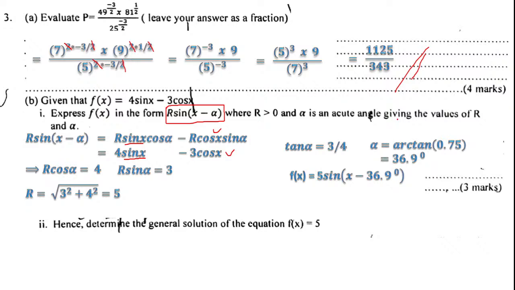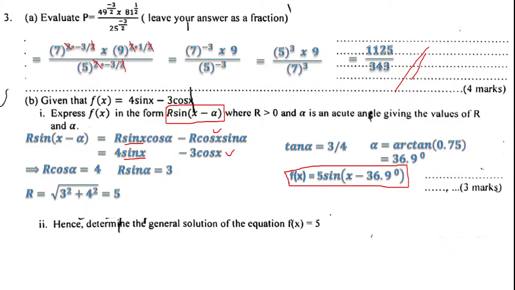Now, hence, determine the general solution of the equation f of x equals 5. Because they say hence, whenever they say hence, it means you must continue with the last solution that you had. From our last solution, f of x is equal to 5 sine x minus 36.9.